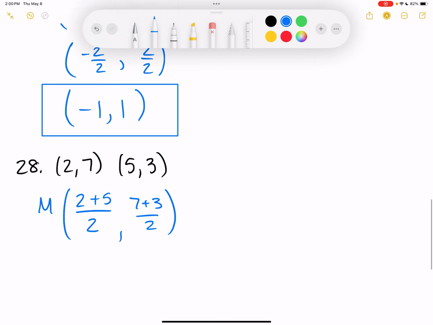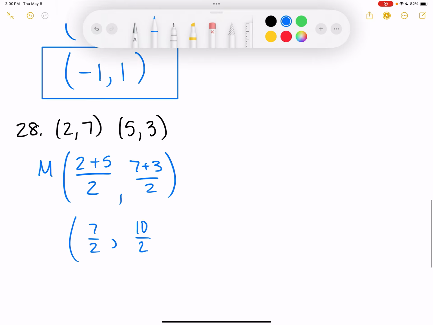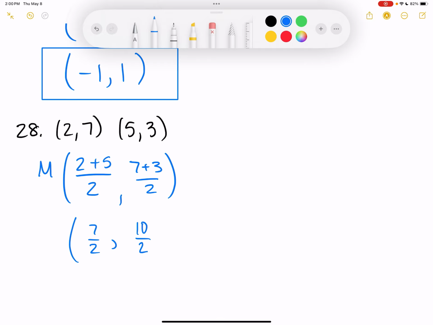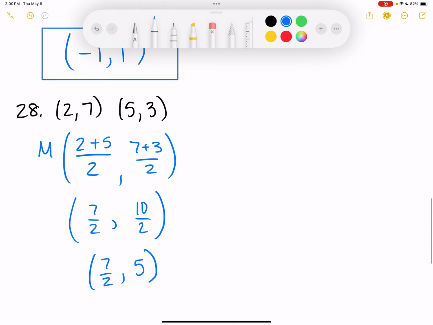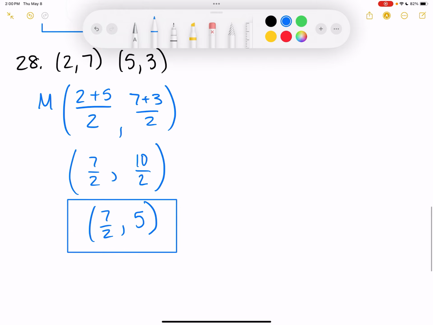So that gives me 7 over 2 and 10 over 2. Now, just like we've been doing, you can just leave this improper. So this would stay 7 over 2, but 10 over 2 would be 5. And so that would be your midpoint of that line right there. Now, if you want to rewrite this instead as 3.5, that's also okay. The book writes them as decimals, but I would just leave them as improper fractions.